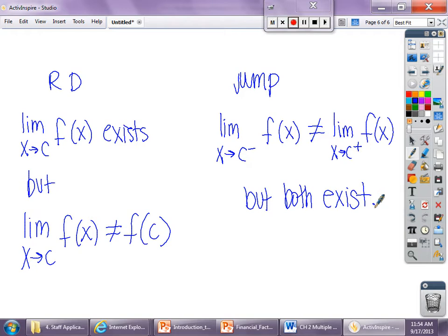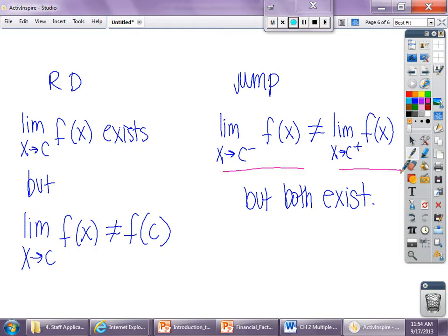Limit definitions. You got to know them. If I call this limit here L, and I call this limit M, it should make sense to you. That's still a jump, even though it looks different than the definition I wrote. Because one of them has a number, the other one has a number, but they're not the same number. L and M are different. Removable, jump. Are we good?